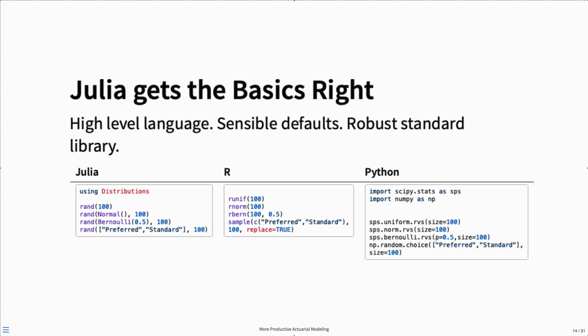Again, I found this a little bit odd when putting together this example, but depending on the thing you're trying to sample, you're either going to use SciPy.stats or NumPy, and the way that you call it is not consistent. So you can see when you're calling SciPy stats, you end up using scipy.stats.uniform, norm, bernoulli, but then with NumPy, you have to do numpy.random. So there's less consistency in R and Python than in Julia.